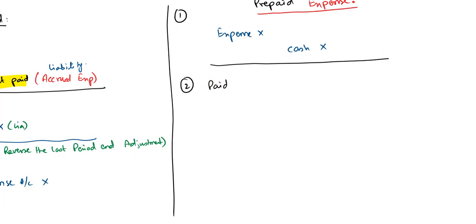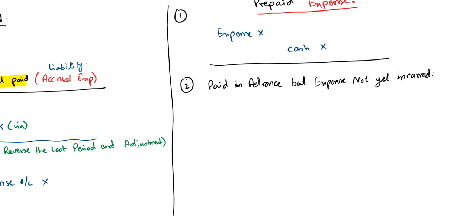Then the entry will be for expense paid in advance but not yet incurred. So what entry will we pass?